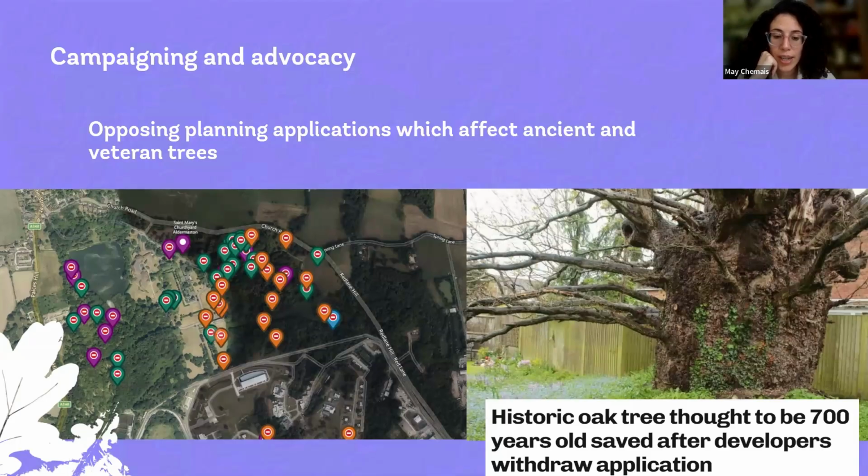It's a very old tree with historical roots, in that it was a parliamentary post, I think, in World War I. Luckily, enough people complained that the application was withdrawn, so the tree was saved. But this can happen anytime, and without anyone's supervision. So it's critical that we have evidence of these trees.